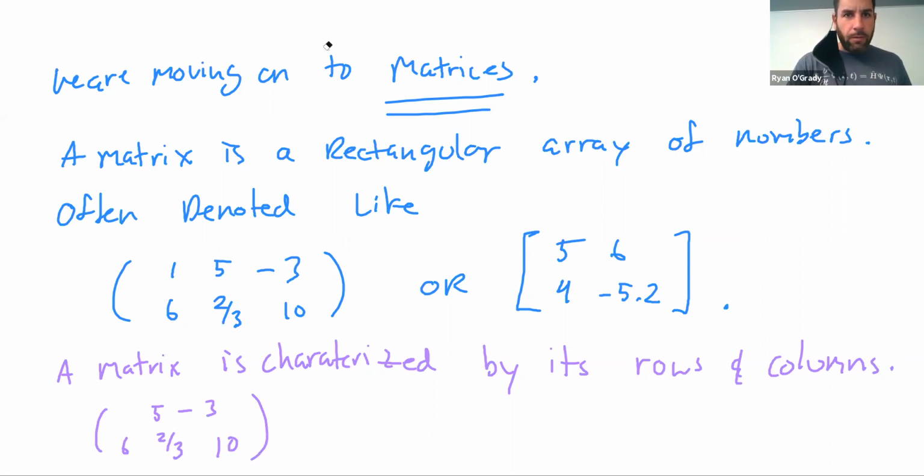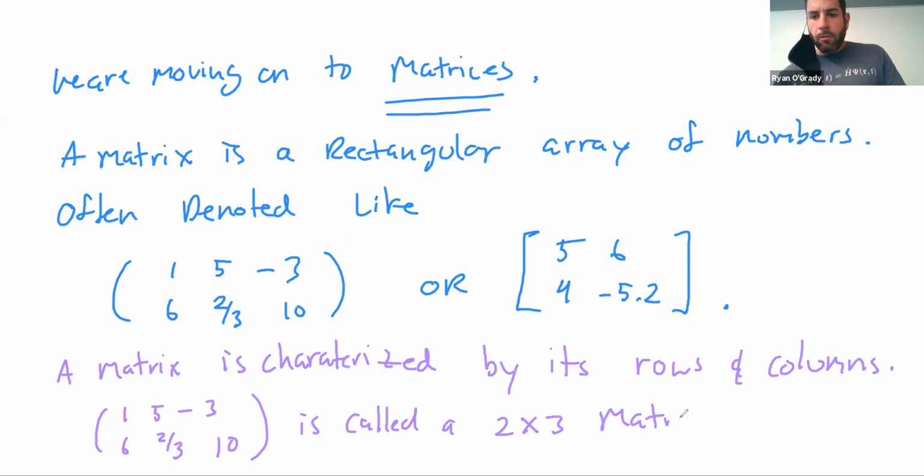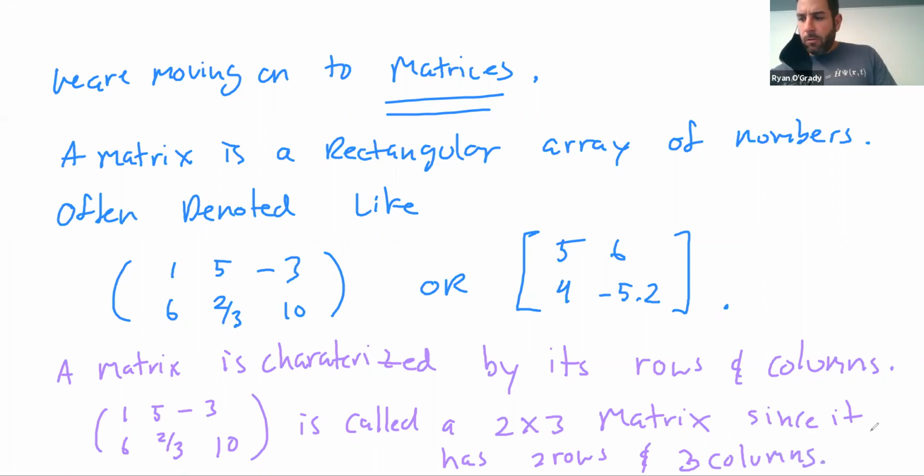So this matrix I wrote up here is called a 2 by 3 matrix, because it has 2 rows and 3 columns. Okay, so that's what a matrix is. Here's 2 basic examples.